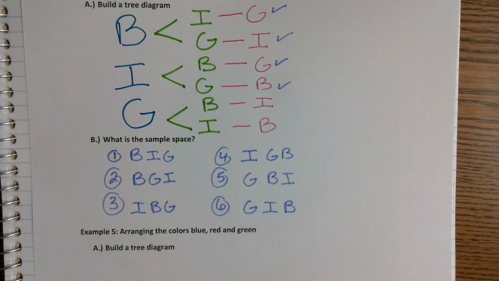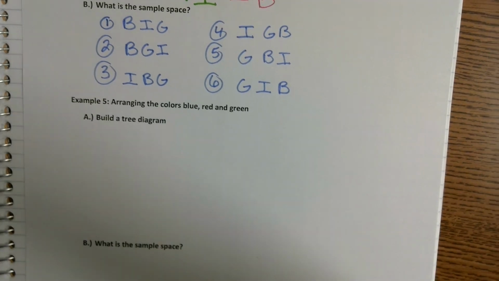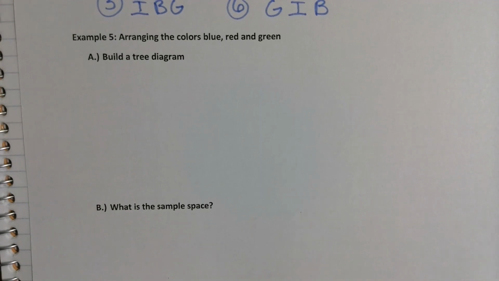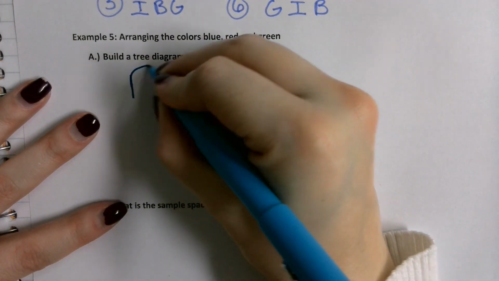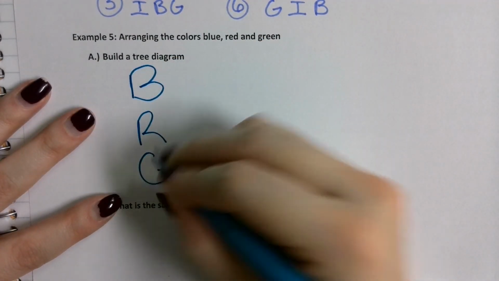All right, let's go over this real quickly, arranging the colors, blue, red, and green. So if we're talking about maybe building a basic rainbow, putting the different colors in order, we could start off, all three colors are available, blue, red, and green.